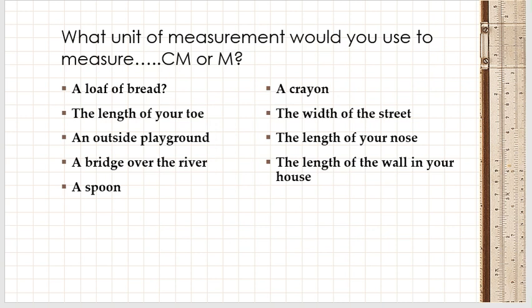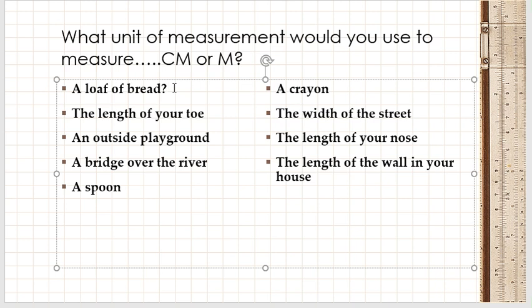So I'm going to ask you some questions, and I just want you to say the answers in your heads, because I can't hear you, unless you yell really loud, but that could be disruptive to your parents if they're working. What do we use to measure: centimeters, which is cm, or meters, which is m?